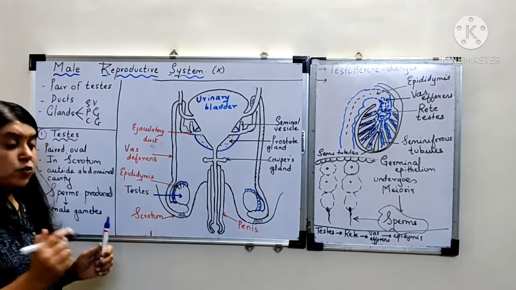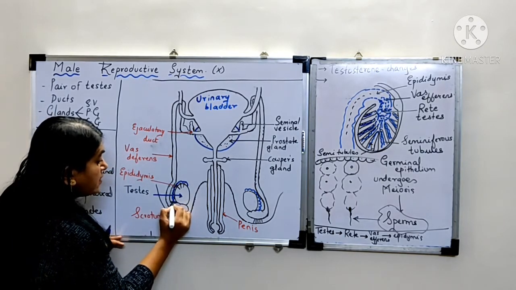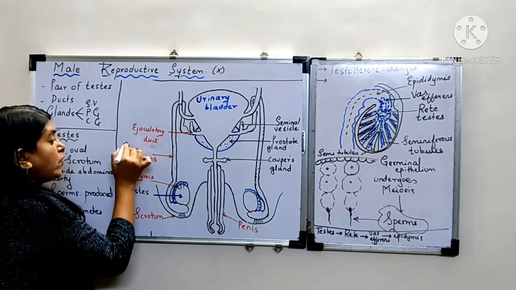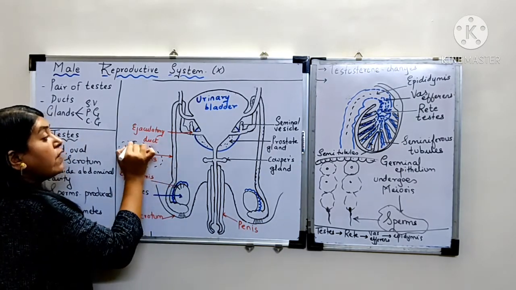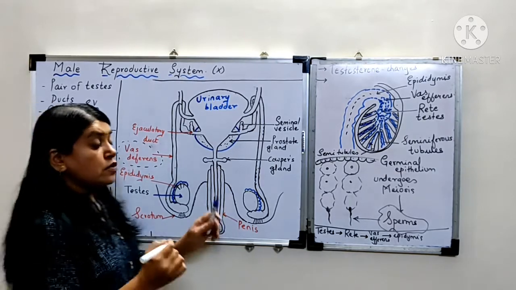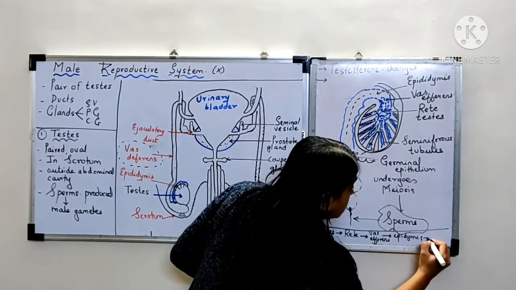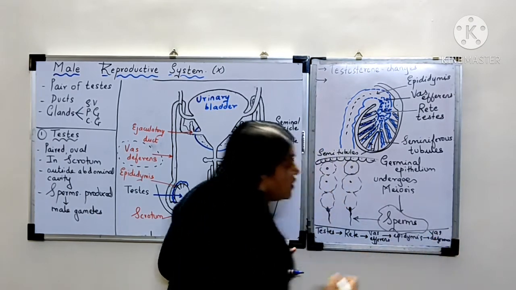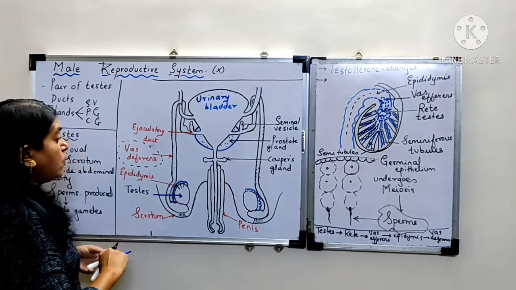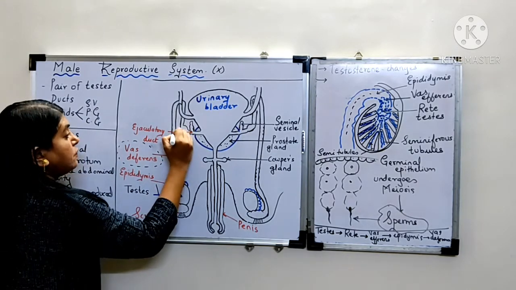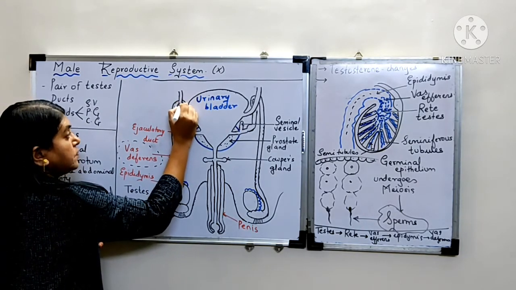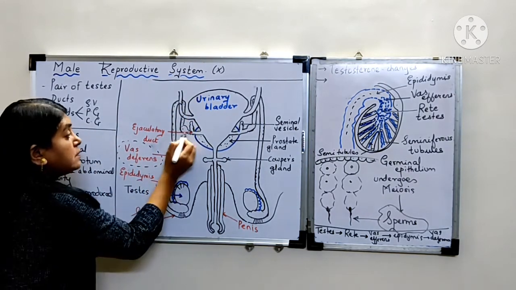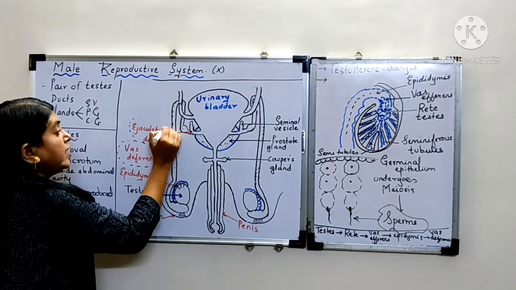From the epididymis, you can see arises parallel tubes. These parallel tubes, what are they called? They are called vas deferens, right? So from epididymis, they will move to the vas deferens. Now from this vas deferens, see where they will be carried. They will be carried to the next part, which is the ejaculatory duct.